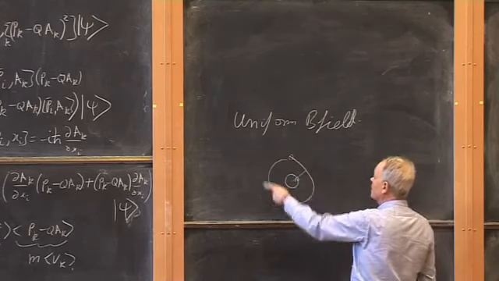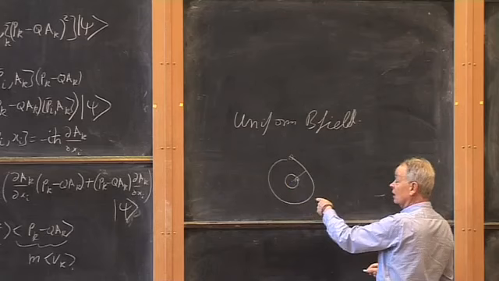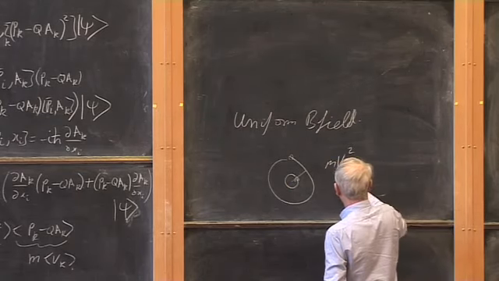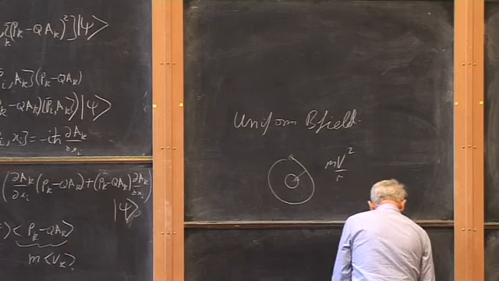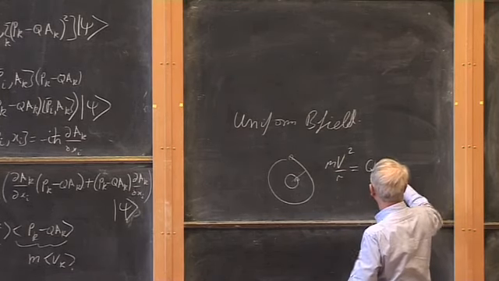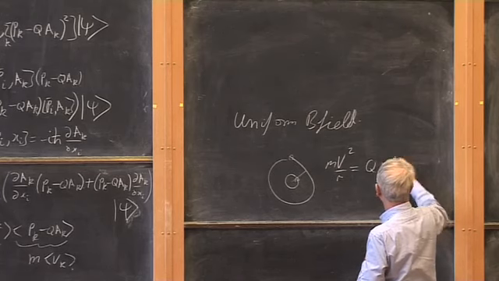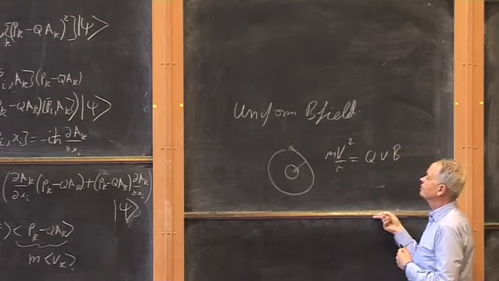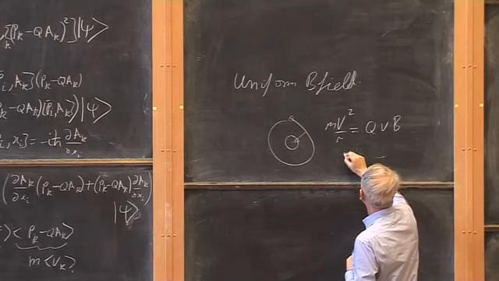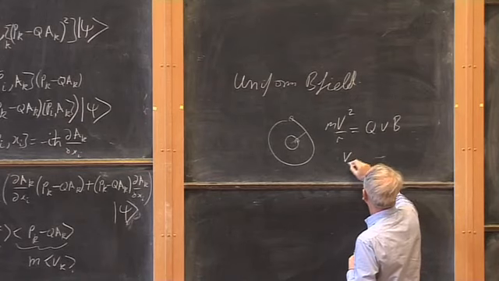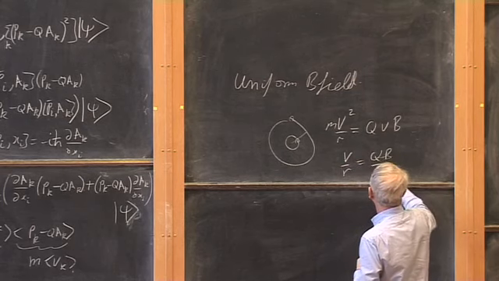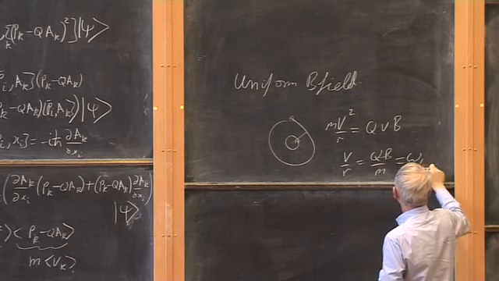If you have a fast particle, it goes round. We have mv squared over r is equal to qvB. So we have that v over r is equal to qB over m, which is the Larmor frequency.